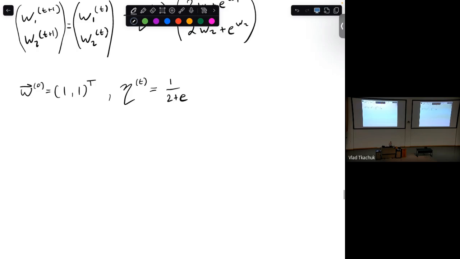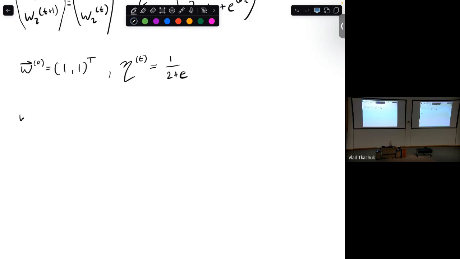Okay, and yeah, so then we can do the calculations. So then there's W1. What is the value of our W, the minimum that we're trying to estimate, after one step? And that would just equal the original value at W0, which is 1, 1, minus the step size, 1 over 2 plus e.